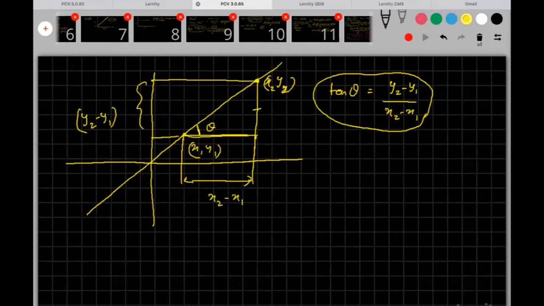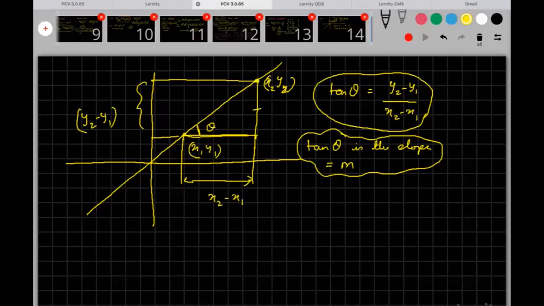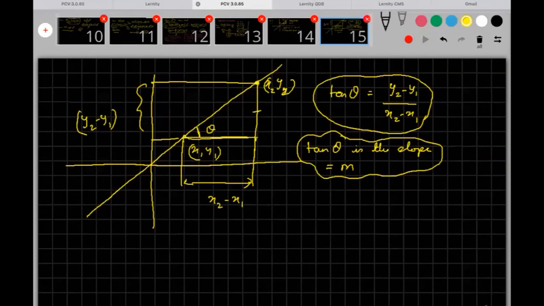This tan theta is called the slope of the line. Tan theta is the slope, and slope is represented as m. So that is about slope. Now come back here, understand that the slope is equal to 1.